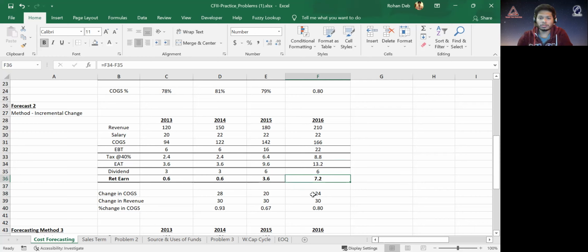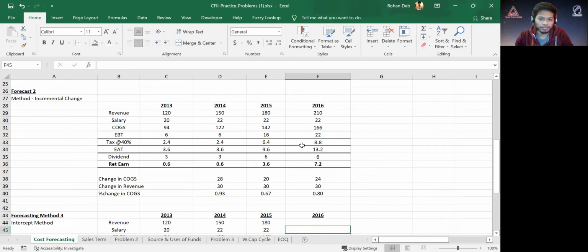Okay, so I hope I didn't go too fast. The main thing is you have to predict this one, 110, and the COGS is the thing that you have to change. You have to calculate and find. In this question it's COGS. In other questions it could be labor cost, it could be wages, anything.